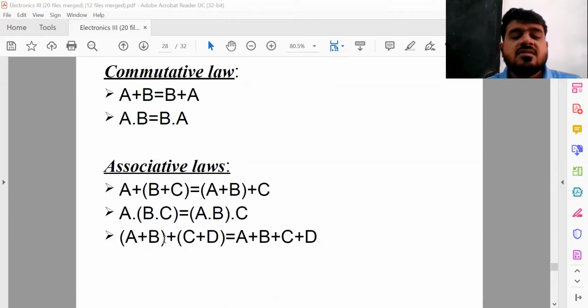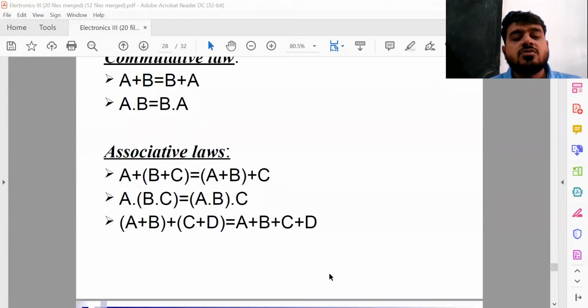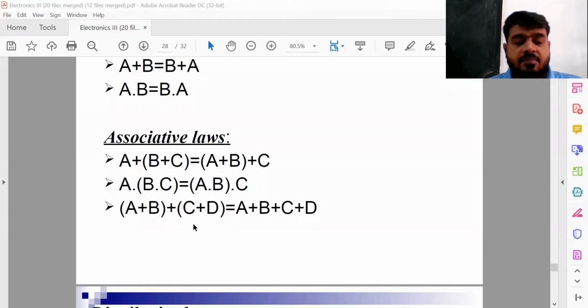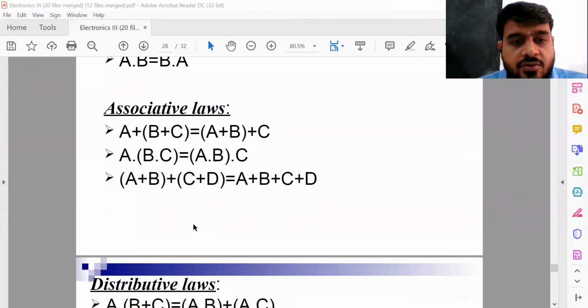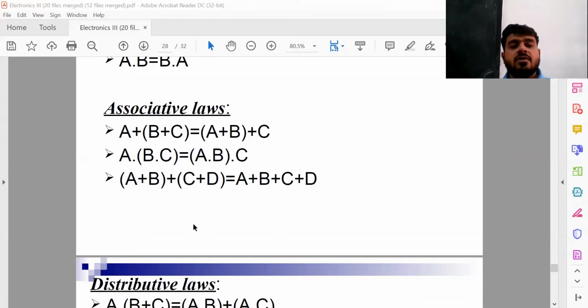Similarly, as with the OR law, you apply the same thing to the AND law: A dot (B dot C) is equal to (A dot B) dot C. If you have more than two inputs, A plus B plus C plus D without brackets will also give you the same output. So this is called the associative law.